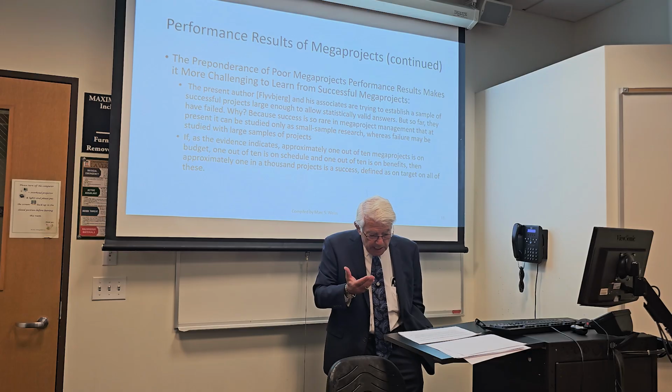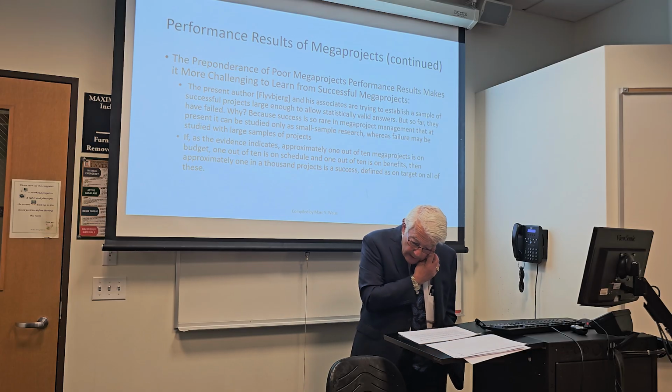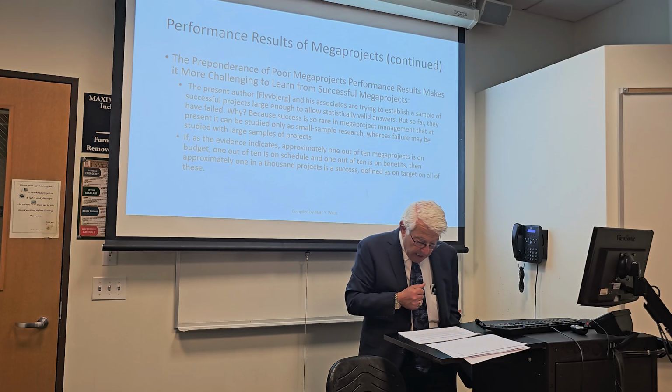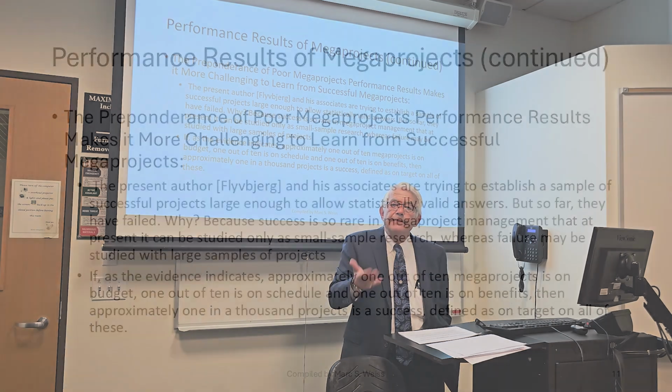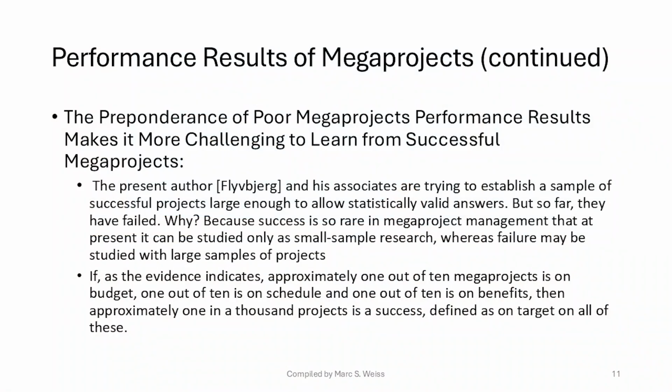So one of the key authors in the domain of mega projects had some difficulties in years past categorizing and understanding successful projects because so many of the mega projects were unsuccessful. But that's changing now over time, and there are some really good techniques to help us be successful in mega projects.